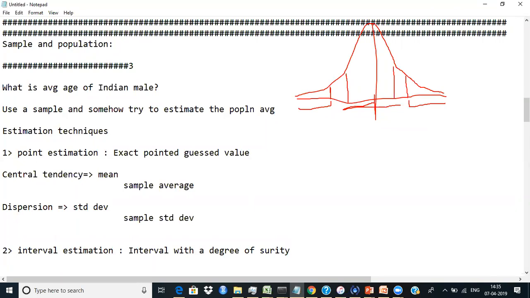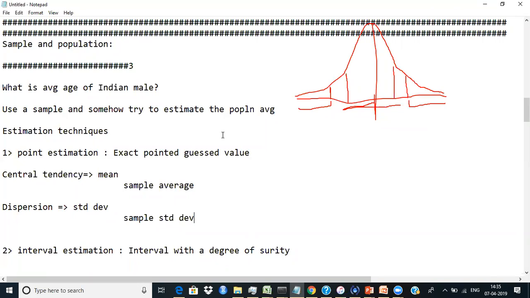The sample standard deviation calculation is a little bit different from the standard deviation calculation we learned yesterday. The sample average is the same as the normal average, but the sample standard deviation is a little bit different from what we learned yesterday.